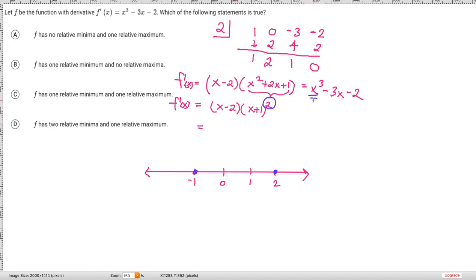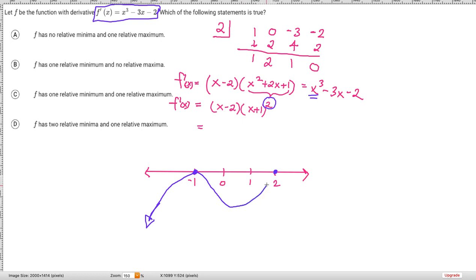So if I were to graph this original derivative, and if I were to use my pre-cal abilities, I would know that it's a cubic. So it starts off very negative, and it comes up, and the first time it hits the x-axis is at -1. But since it's a double root, since the multiplicity is even, it just kisses and goes back down.